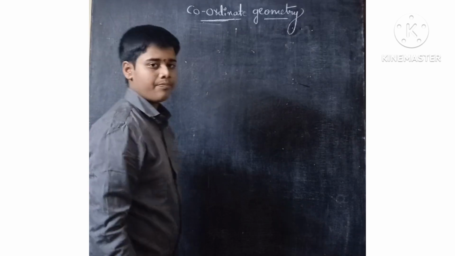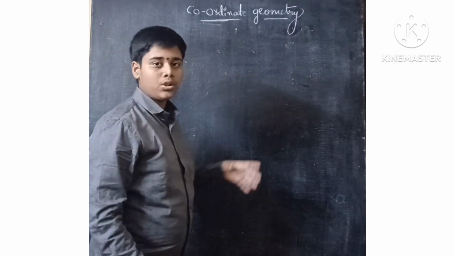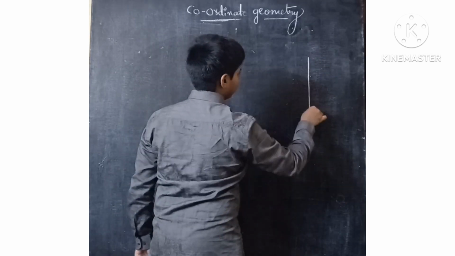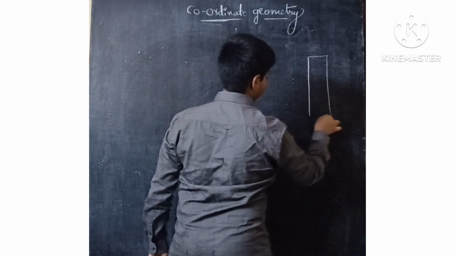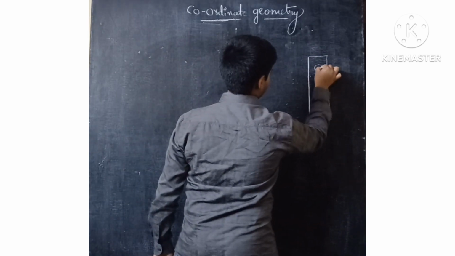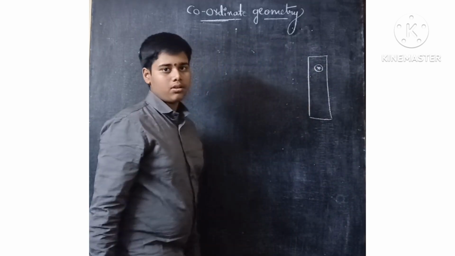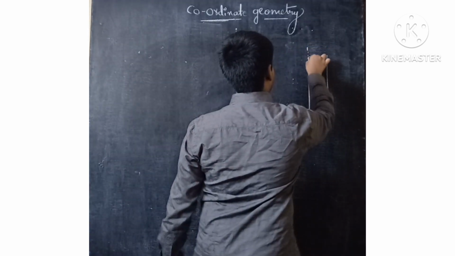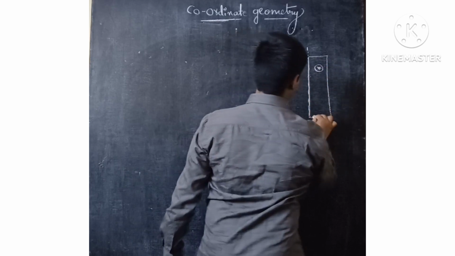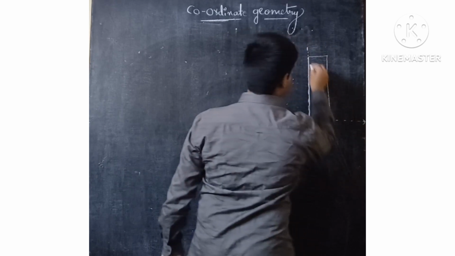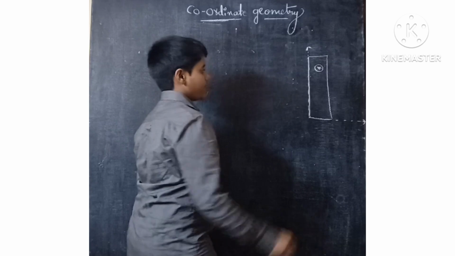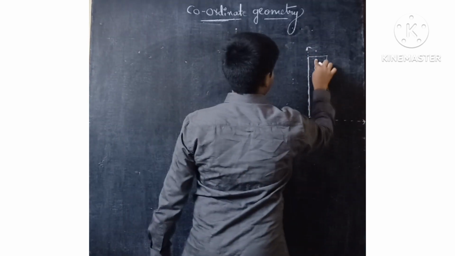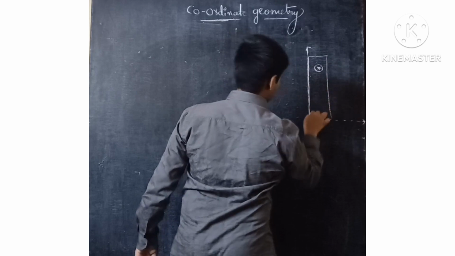And if we see, in a room, how to look at the clock? If there is a clock on the wall, like this, if I take this as a wall, and here the clock is there, how to look at the clock? Take a rectangular axis like this. For simplicity, I am taking this like this.